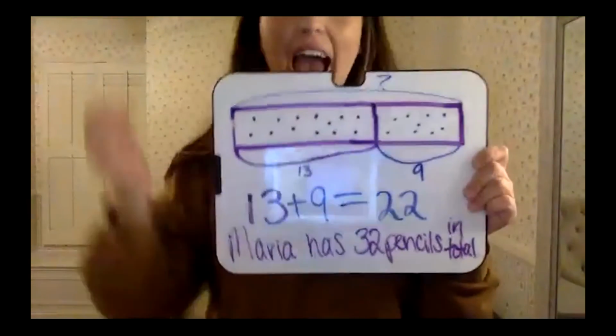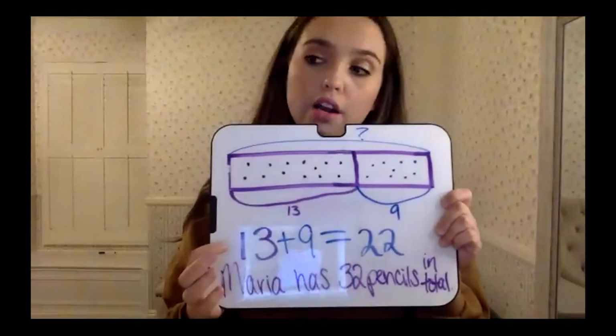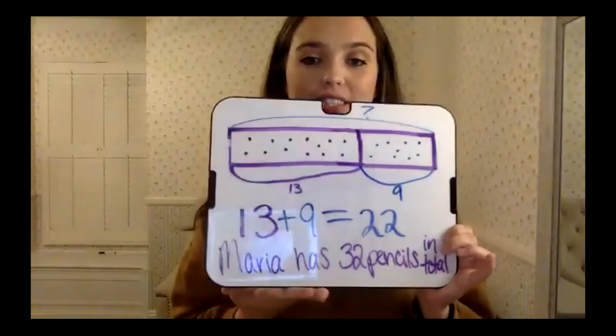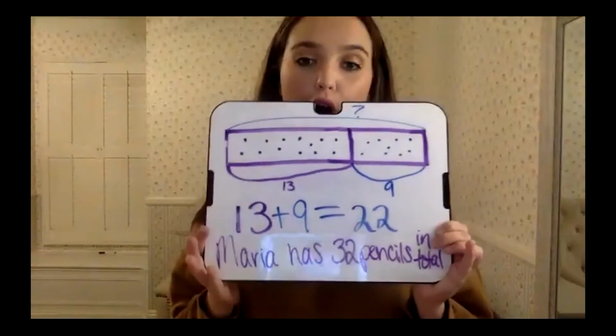Our word sentence should be, Maria, her name was Maria, has 32 pencils in total. And again, I'm sorry that this word sentence is kind of smushed together. It's just because of how small my whiteboard is. So sorry about that. All right, so we have our drawing, we have our number sentence, and here's our word sentence. We are writing our answer in word form.